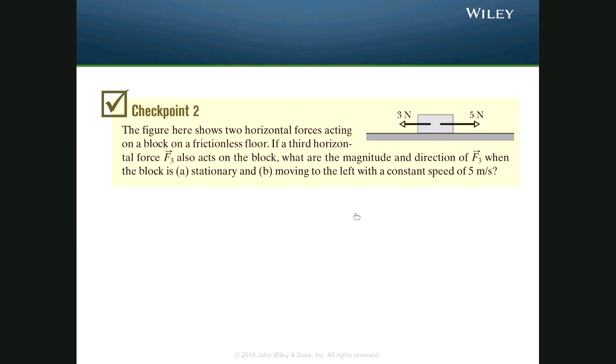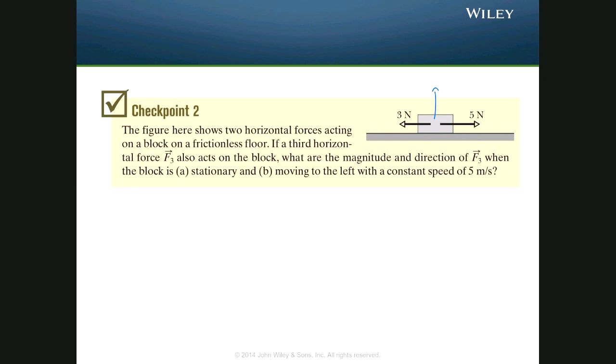Okay, so basically, you're going to add an arrow. Let's look at a few things. If you add an arrow up, a force up, does it change the horizontal acceleration? No. Good.